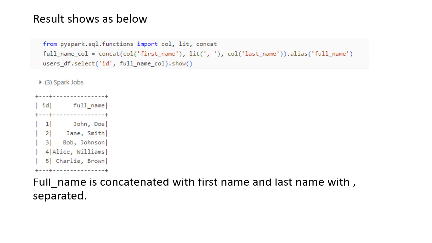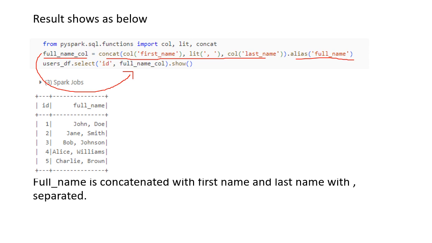So here we are seeing the result as we discussed earlier. We are using this concat function to concatenate the first and last name, and we are aliasing that as full_name. This is nothing but the column type object. We are referring to this column type object inside the select statement. First, we are using users_df.select.